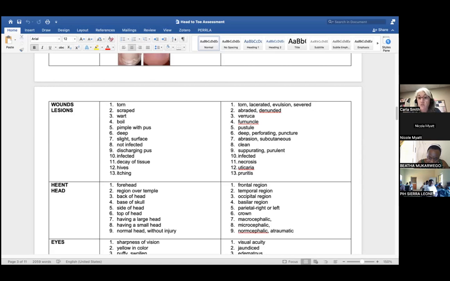Or is there a furuncle or a pustule? Are wounds deep, perforating? Are they a puncture? Does it look infected? Is there necrosis present? Does the patient have hives or urticaria? Are they itching their skin? Are there signs of pruritus?